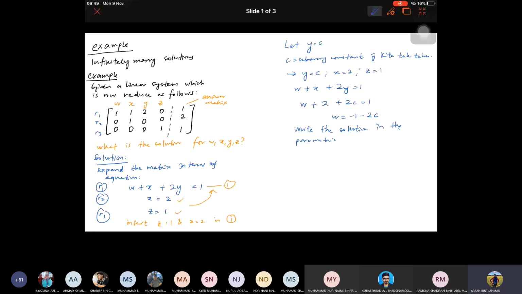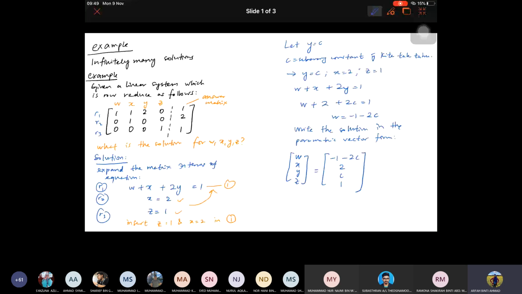So you akan dapat dia punya solution W, X, Y, Z. W, X, Y, Z akan sama dengan W tadi kita dapat sama dengan negatif 1 tolak 2C, X sama dengan 2, Y sama dengan C dan Z sama dengan 1. So jawapan awak akan ada sebutan C.